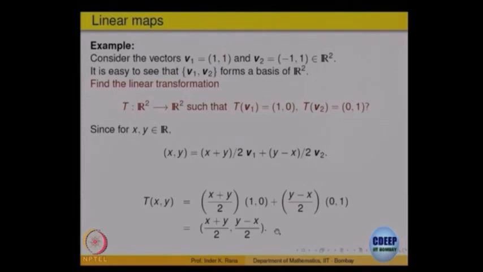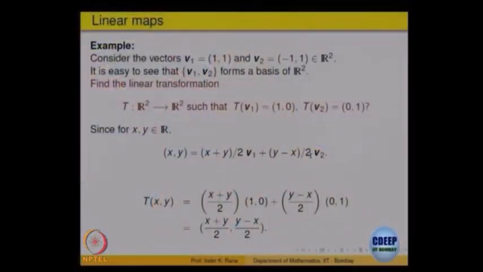For this you have to solve linear equations. (x, y) is equal to alpha V1 plus beta V2. So, you will get two equations in two variables, and you have to solve them. That previous knowledge will come in handy here. You want to write a vector as a linear combination of known vectors. So, (x, y) is equal to alpha times (1, 1) plus beta times V2.